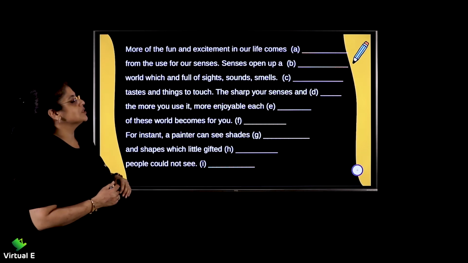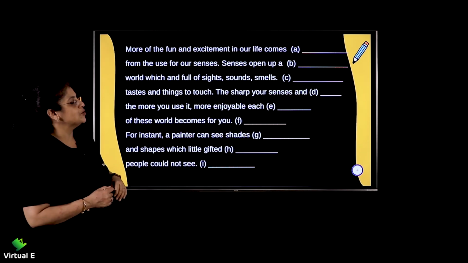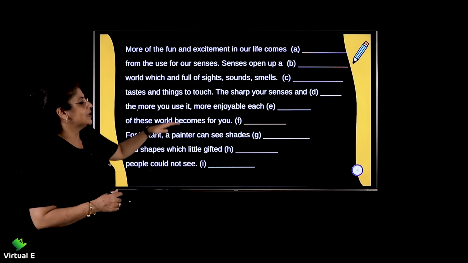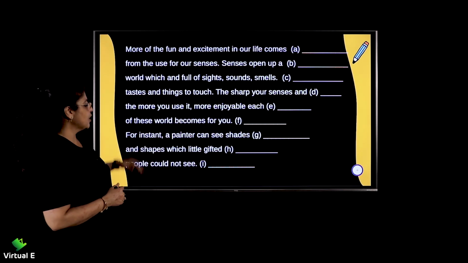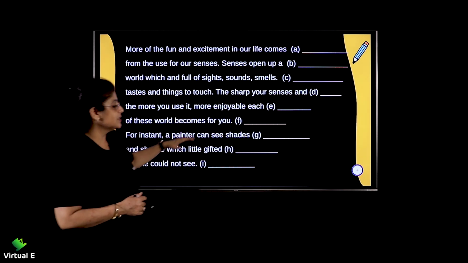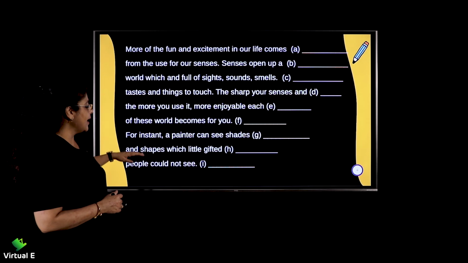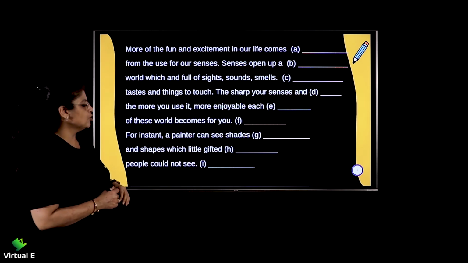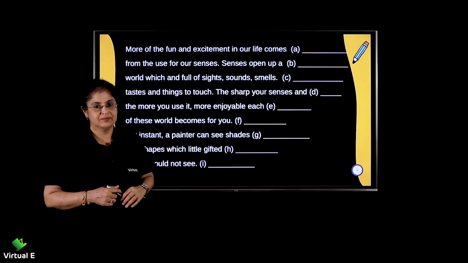The sharp your senses and the more you use it, more enjoyable each of these worlds becomes for you. For instance, a painter can see shades and shapes which little gifted people could not see.